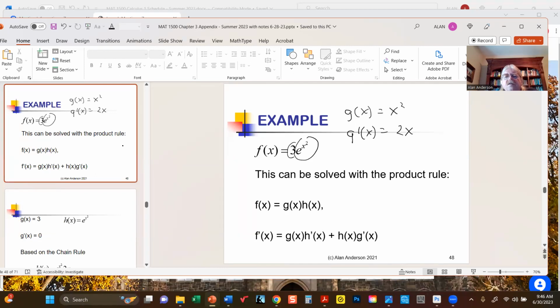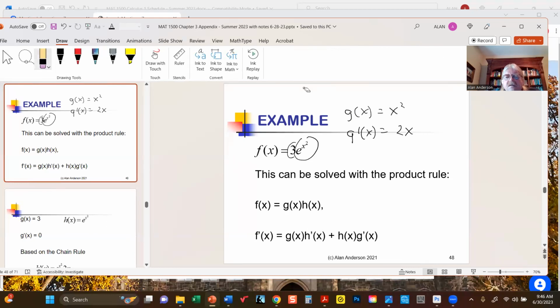What we're going to do is treat this as if we had two functions. Actually, we have to be careful with the notation because we don't want to use g for the same thing twice. I'll tell you what. I'll call this, let's say, k of x. No, not k, because that's usually used as a constant.